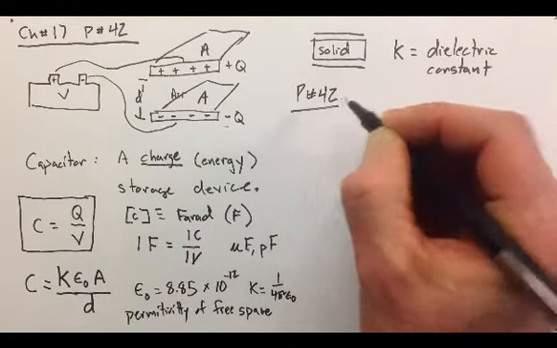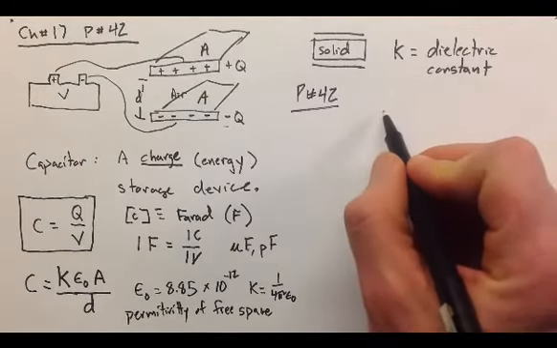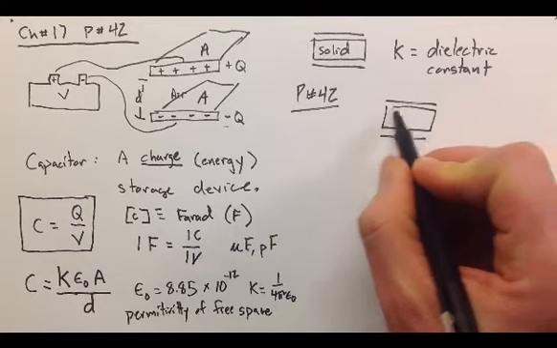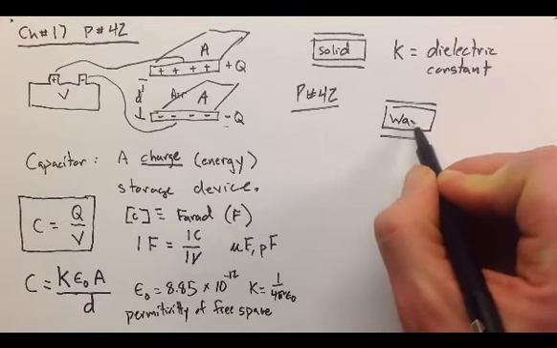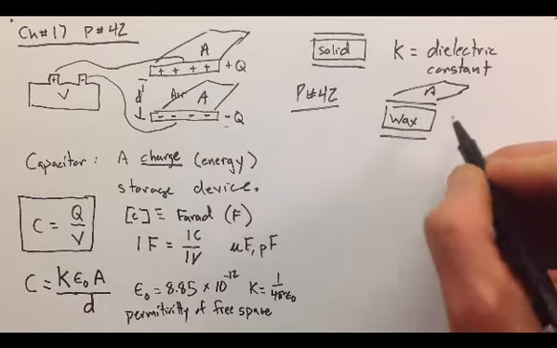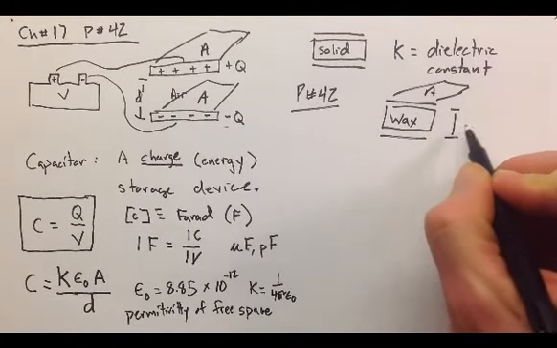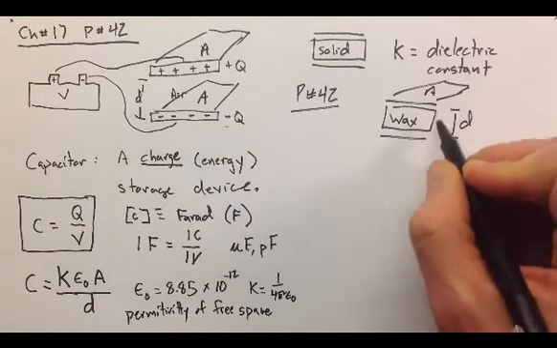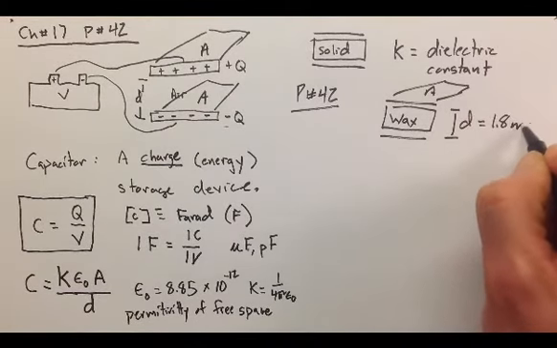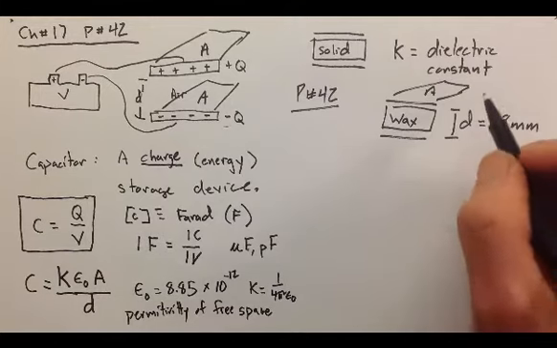All right. Problem 42 states I have a capacitor and it is filled with the dielectric paraffin wax. And it's a parallel plate capacitor. And the distance between the two plates in the parallel plate capacitor is 1.8 millimeters.